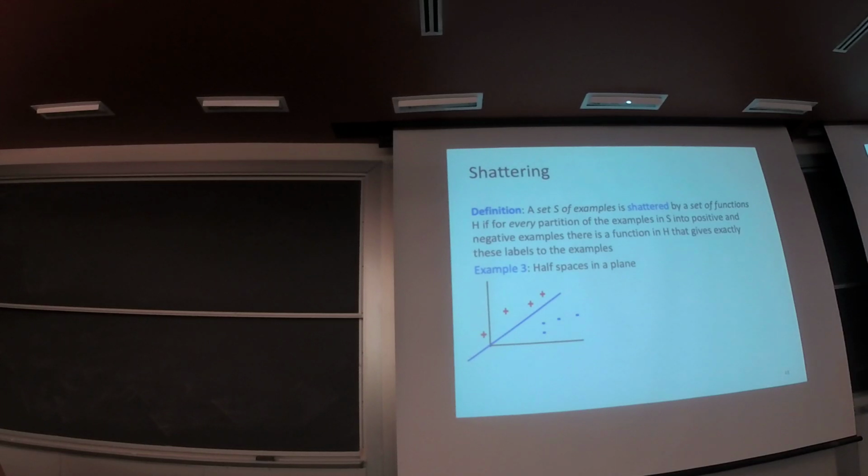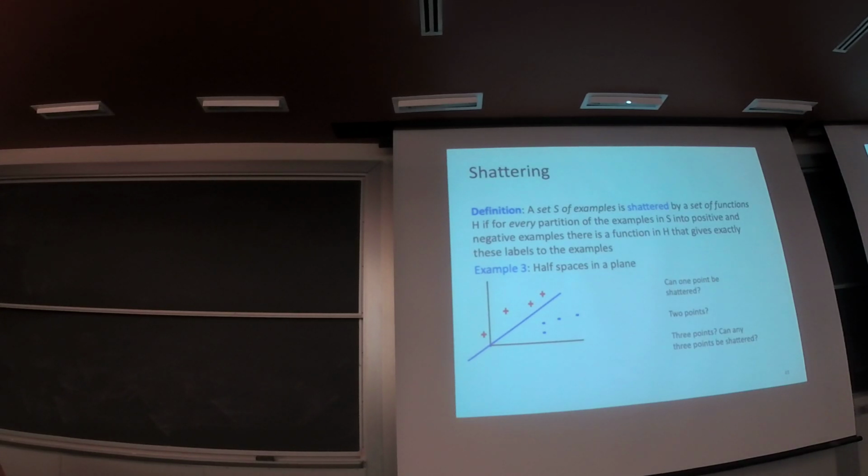So can they shatter just one point? Yes, obviously, right? So can they shatter 2 points? Yeah, just show the case, right? For 2 points, we have 4 labeling assignments. For each labeling assignment, we'll have a classifier which separates positive and negative examples.